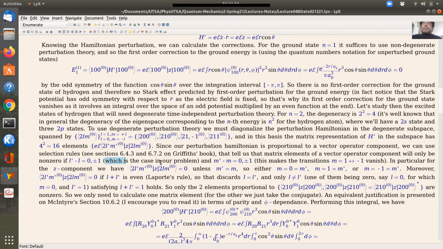So that is the case in our problem because essentially we have no other choice, right? I mean, L and L prime are either 0 or 1, so the difference is either 0 or plus minus 1. So we are in those grounds. And M prime minus M, which is the second condition, has to be either 0 or plus minus 1.